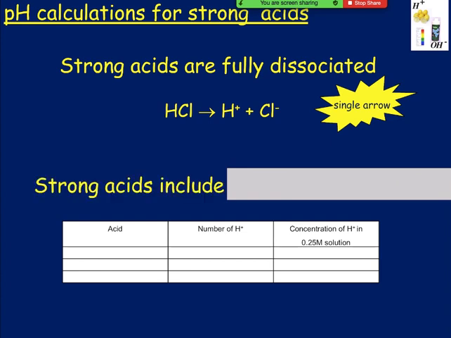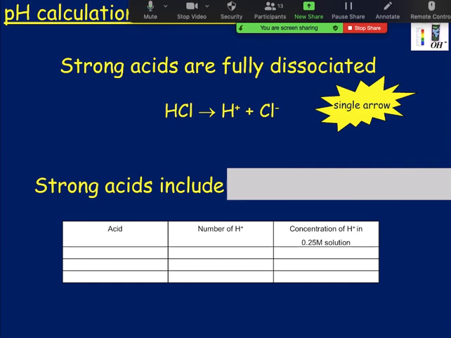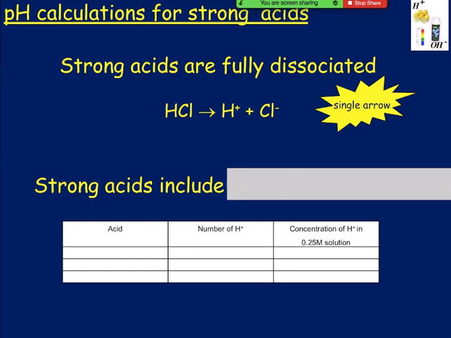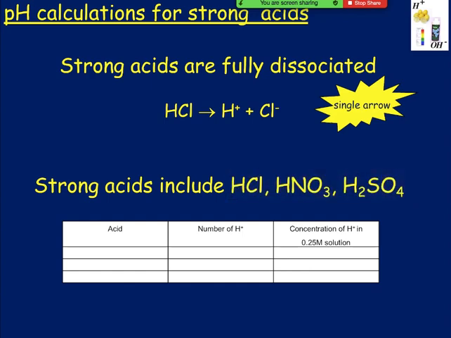So can you name some strong acids for me other than HCl? Any takers? I'm not on mute, am I? No, I'm not. Sulfuric acid. Sulfuric acid, so H2SO4. Any other ones? Benzoic acid.